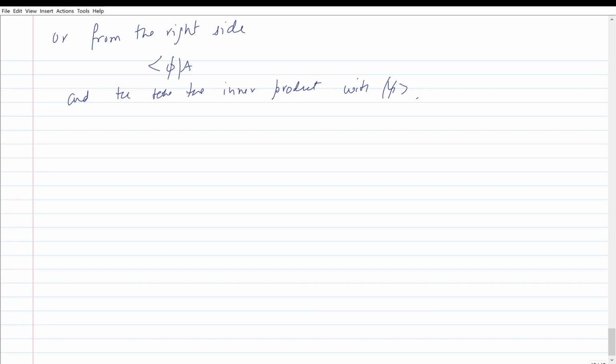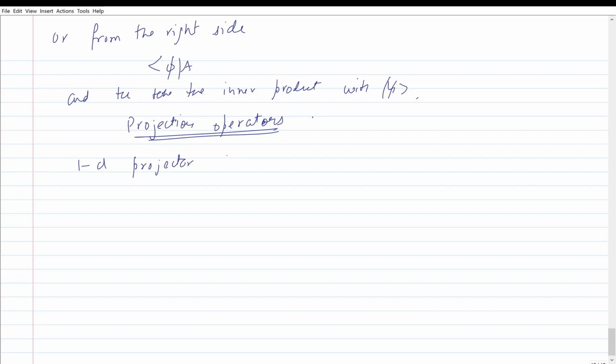So lastly, we come to projection operators. We've already seen projection operators when we briefly discussed measurements. So projection operators, essentially, let's consider the one-dimensional projection operators. By projection I mean I am projecting the vector onto a particular subspace, whether it's a one-dimensional subspace or a two-dimensional subspace.